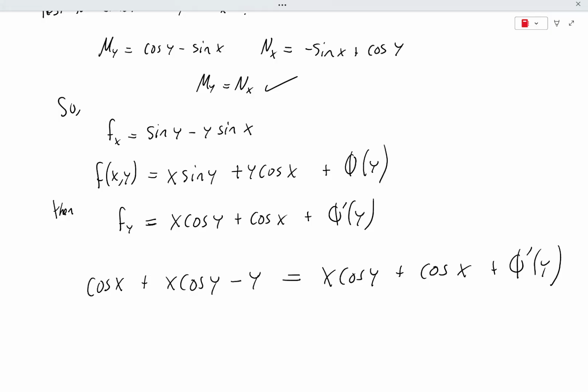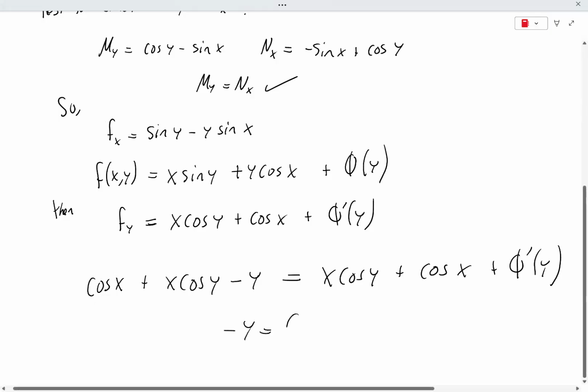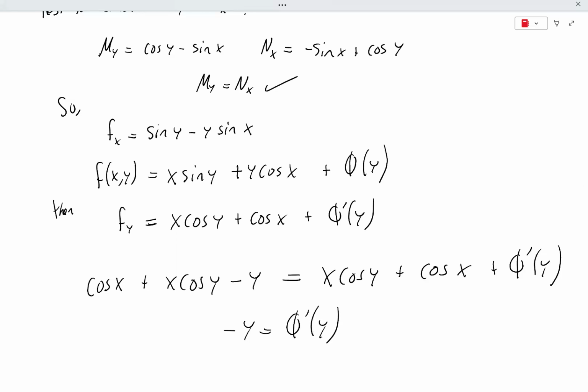Like that. Okay, now notice at this point a lot of things drop out on both sides. The cosines drop out. So basically you just get negative y is equal to phi prime of y, like this.